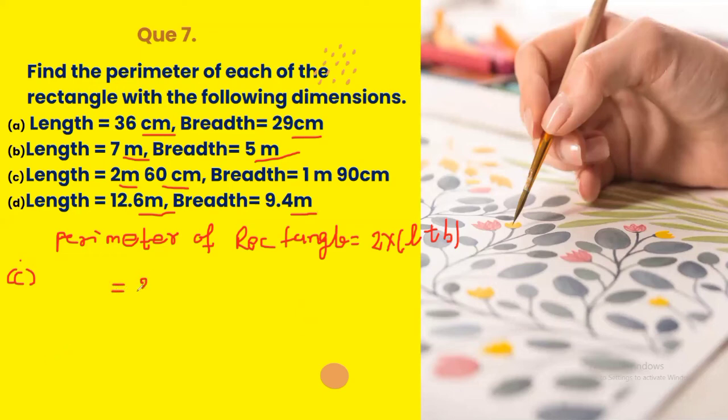So this will be 2 multiply length, which is 12.6 meter plus 9.4. Wait, let me do it again. This is 9.4.